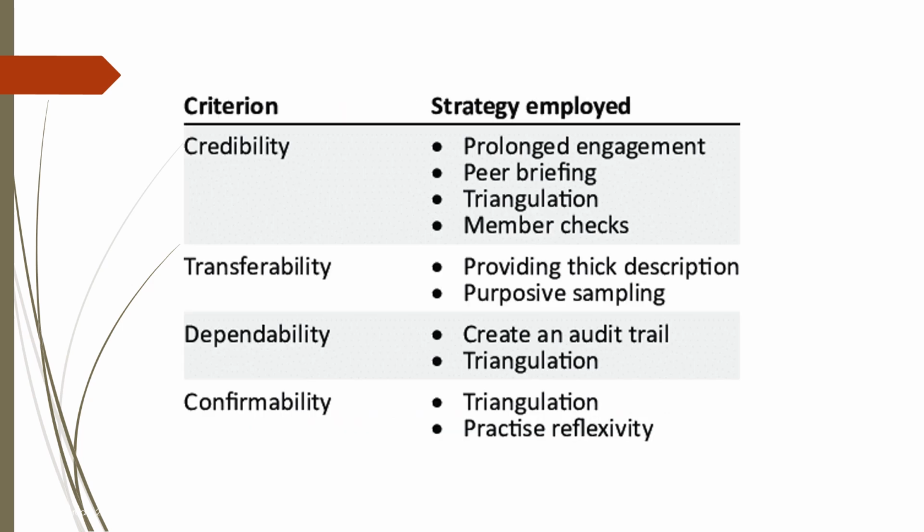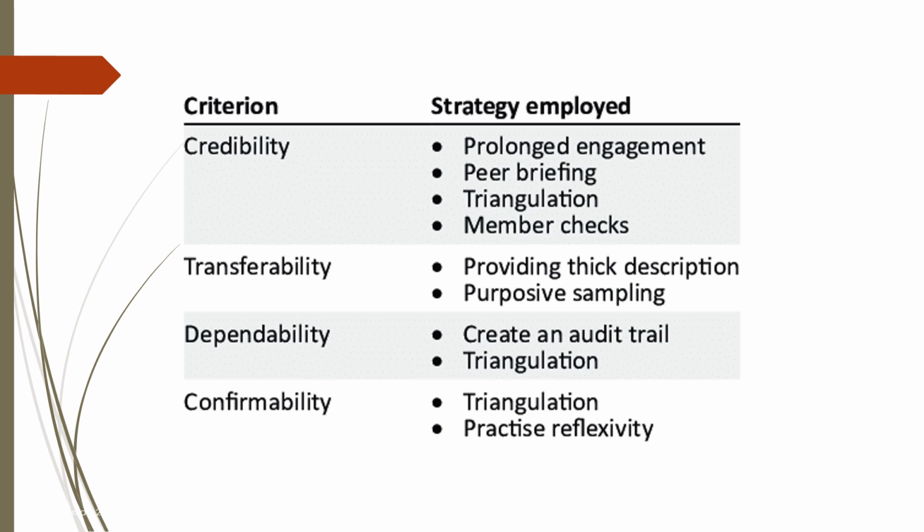So in this table you can see the strategies that can be employed to achieve the four criteria of trustworthiness in qualitative research. Firstly, the credibility, as we said, can be achieved through triangulation. Here in this, additional strategies also have been added, like member checking.